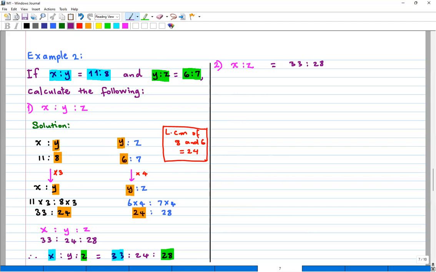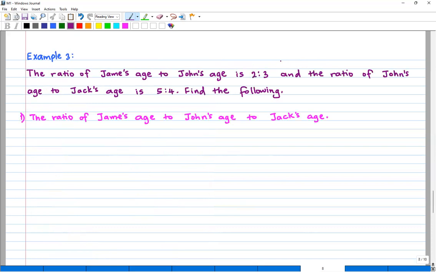Okay, let us see the application. How can we use the ratio of three numbers in real life? Look at this example. The ratio of James's age to John's age is 2 to 3. And the ratio of John's age to Jack's age is 5 to 4.